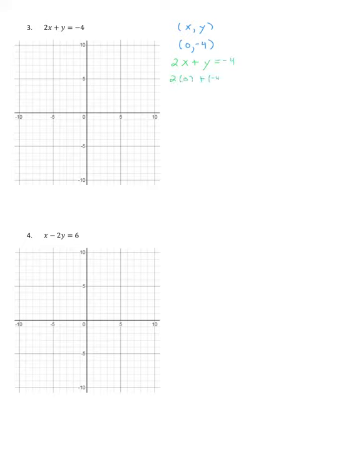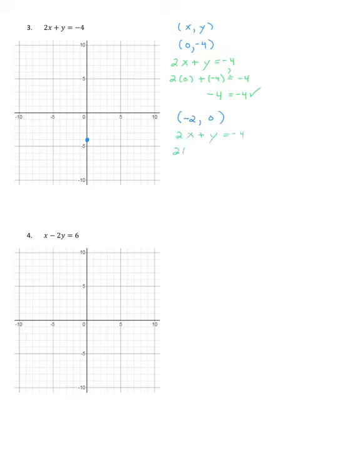So again, when you're having trouble guessing, a good approach is, if I put 0 in place of y, maybe it will be easy to guess what the x value has to be. If I put 0 here and I want the result to equal -4, it must mean that x is equal to -2. Let's see if that makes the equation true as well. 2x plus y is equal to -4.